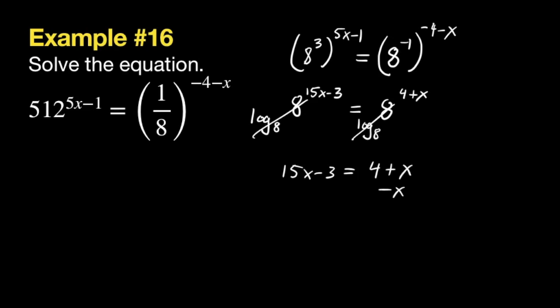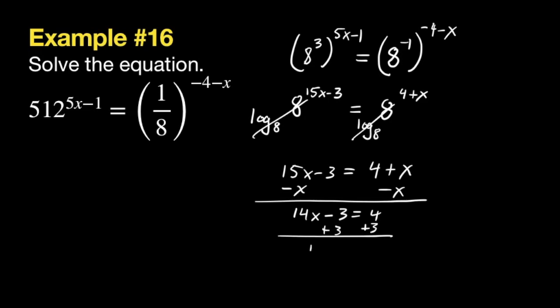So we're going to subtract x, and you get 14x minus 3 is equal to 4, plus 3 on both sides. 14x is equal to 7. So we know that x is going to be equal to 1/2.